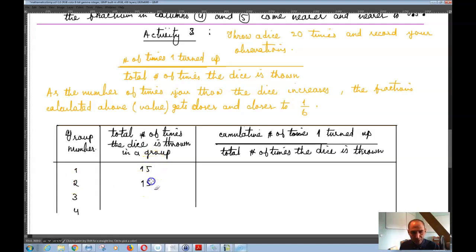And then, for the first group, the cumulative number of times one turned up should be about 1/6 of the time. So 1 divided by 6 is basically 0.1666.